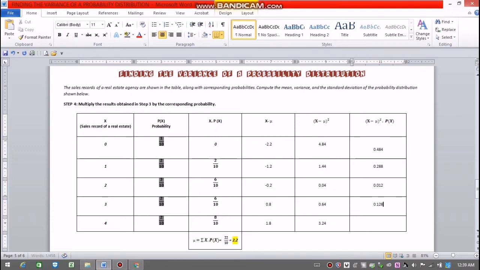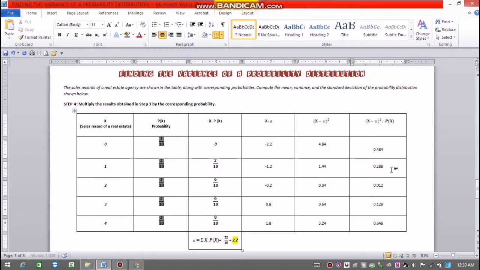And for the last column, 3.24 multiplied by 2 over 10 is equivalent to 0.648. So this is the result.